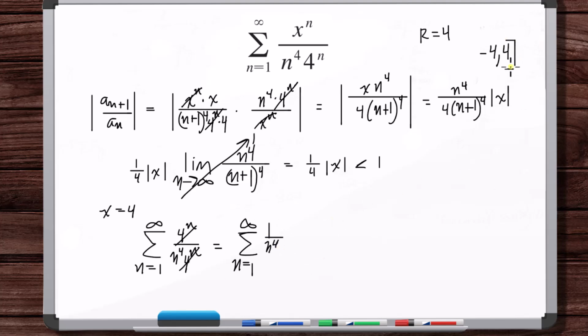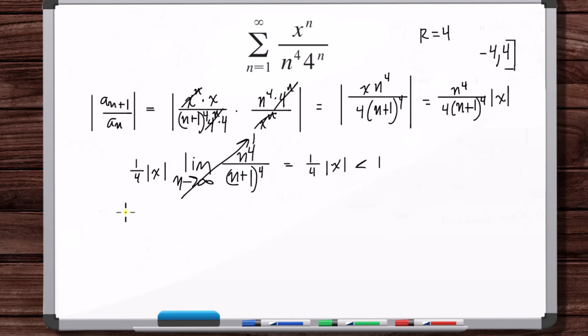So at x equal to 4, that's in the domain. What about x equal to minus 4? Minus 4 to the n, that's going to be minus 1 to the n.